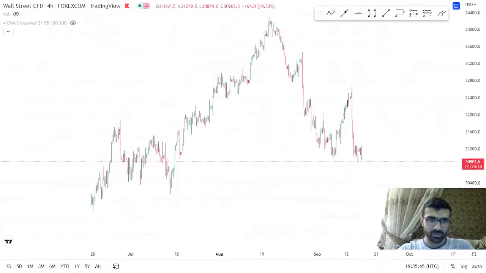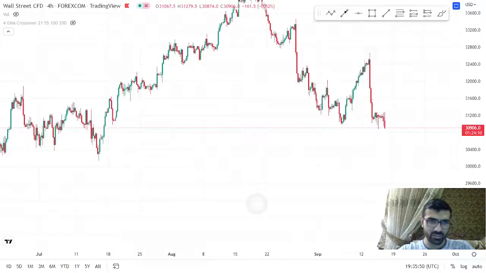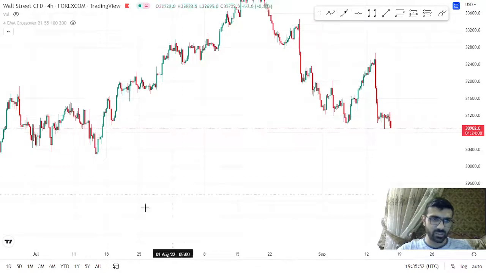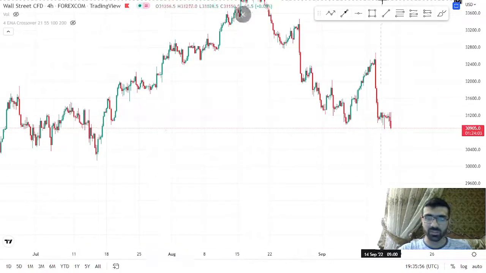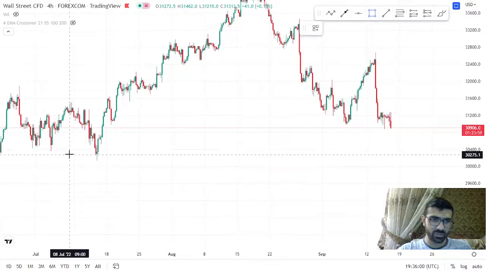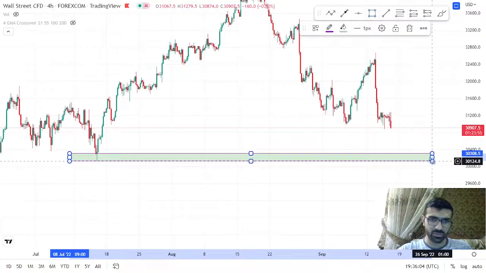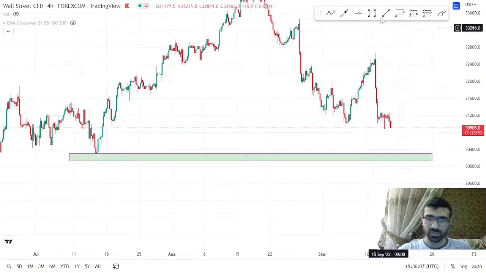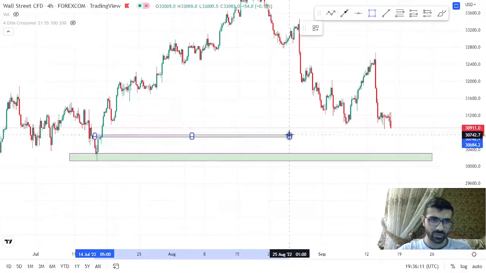Okay, so as you guys can clearly see, new areas of support and resistance would come into play from here and from here. So let me mark this area of extreme support if market enters over here somehow, and the second most recent area of support will be this area.